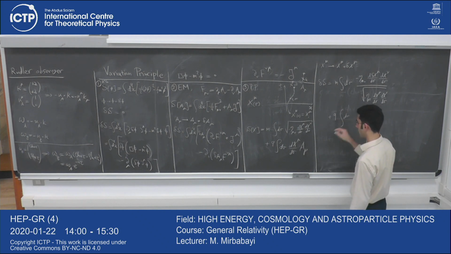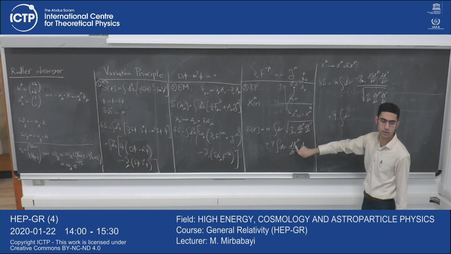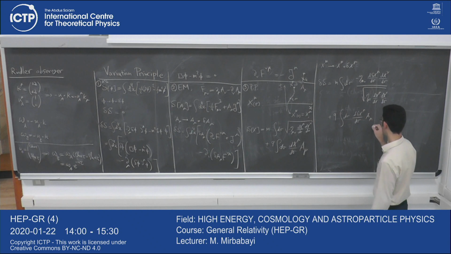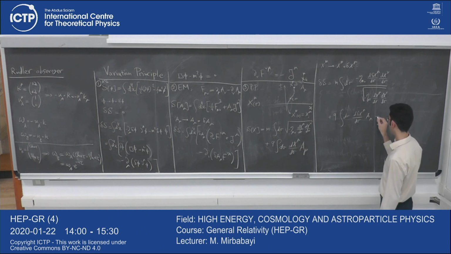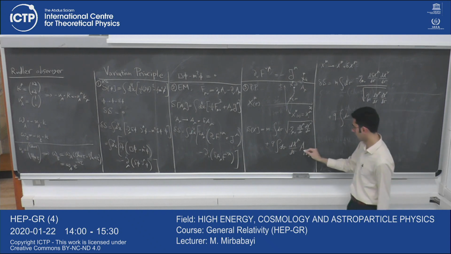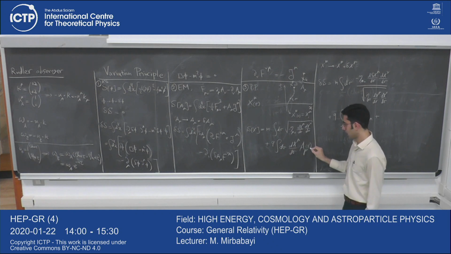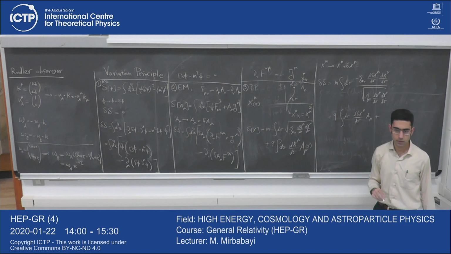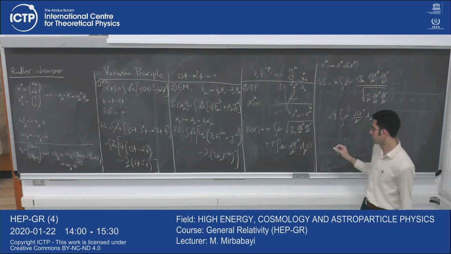One is coming from the variation of this x^μ. And then the other one comes from the fact that this A_μ itself is evaluated at the position of the particle.